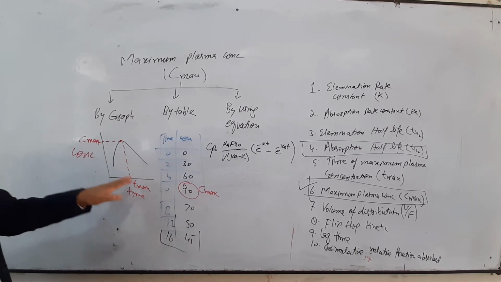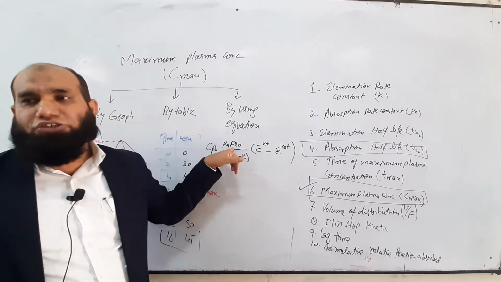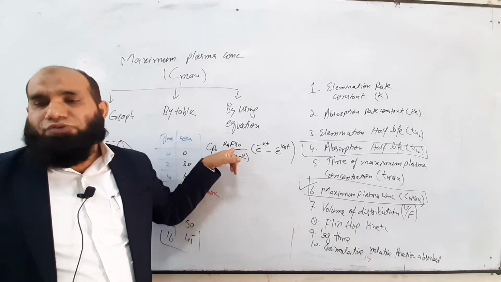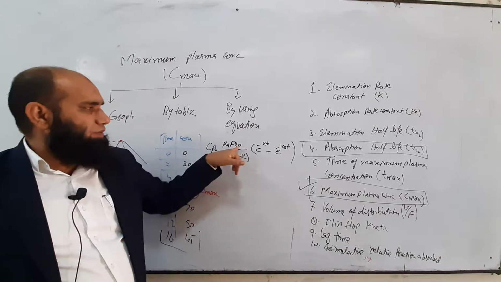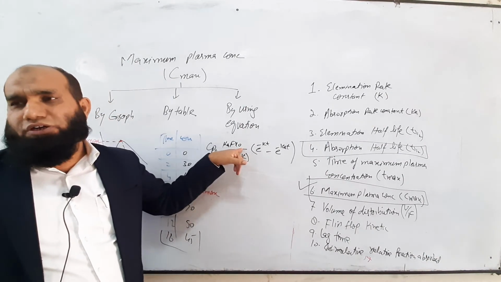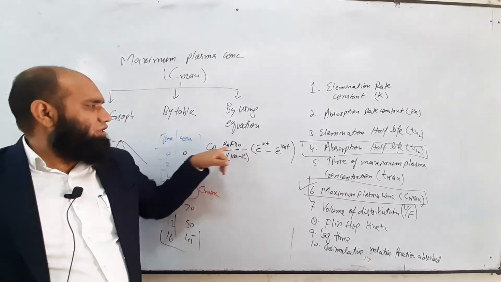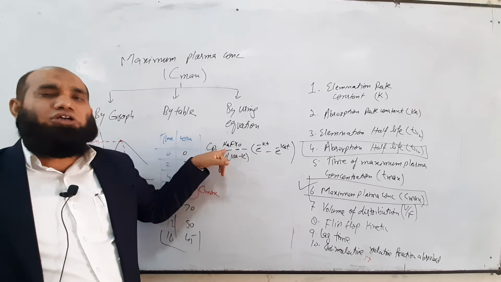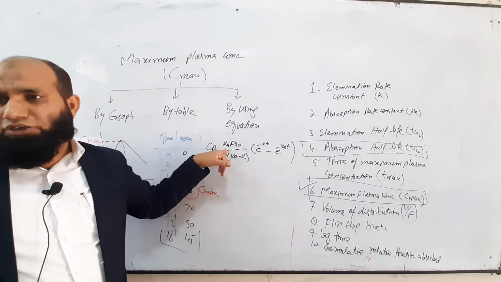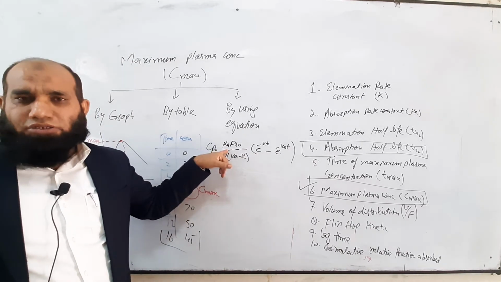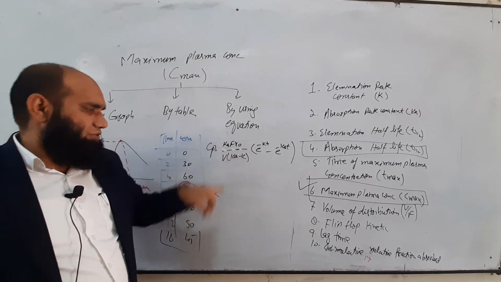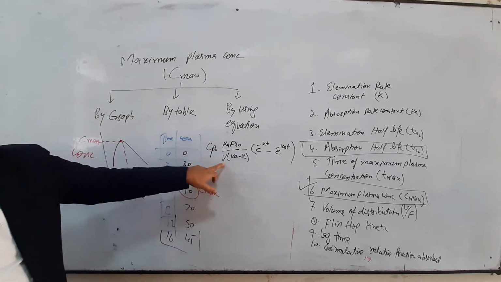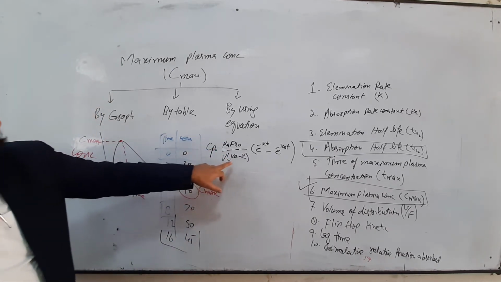What are the parameters? F, the fraction of drug absorbed, which should be considered 1. X naught, the amount of drug which is given, actually the dose. Ka, the absorption rate constant, I have already told, can be calculated by the feathering technique, by the Wagner-Nelson method, from the urine, from the plasma. And Vd, the volume of distribution.